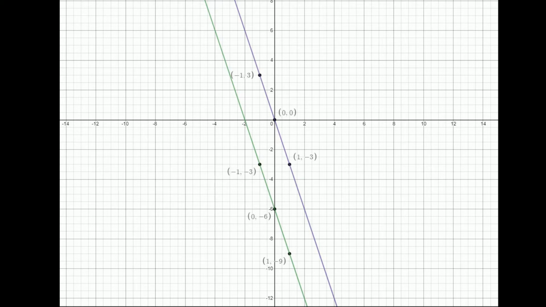I'm taking this point and going down 6 spaces for the next point. From the origin, I'm shifting down 6 spaces. From my final point 1, negative 3, if I subtract 6 from negative 3, I go straight down and I'm at the point 1, negative 9. We're going to be talking about shifting graphs more throughout the semester.